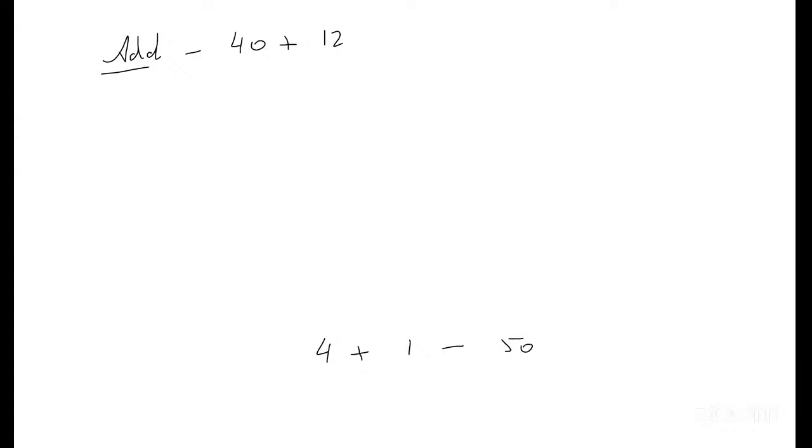Normally, this is what we do. Then we do 50 plus, to it we add the rest. So I have 52. This is what we normally do. Okay. So the answer is 52.